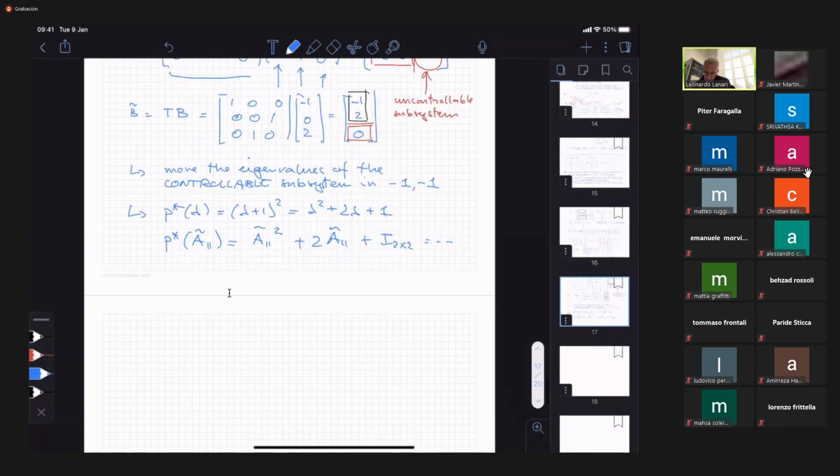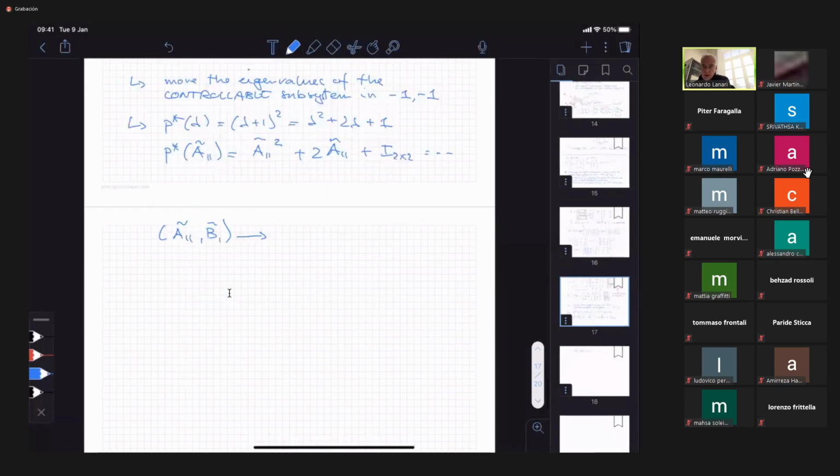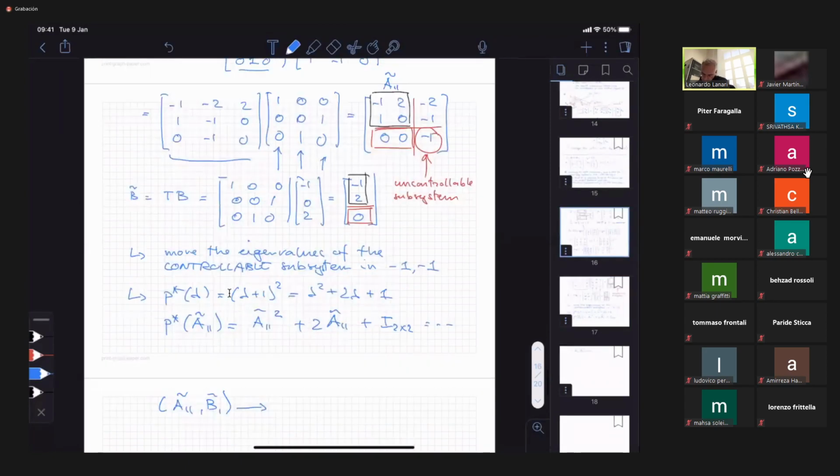We need to apply the Ackermann formula, the controllability matrix of A11 tilde, B1 tilde. We know this by construction is controllable. So if we find that the resulting controllability 2 by 2 matrix is singular, it means we made a computational error.